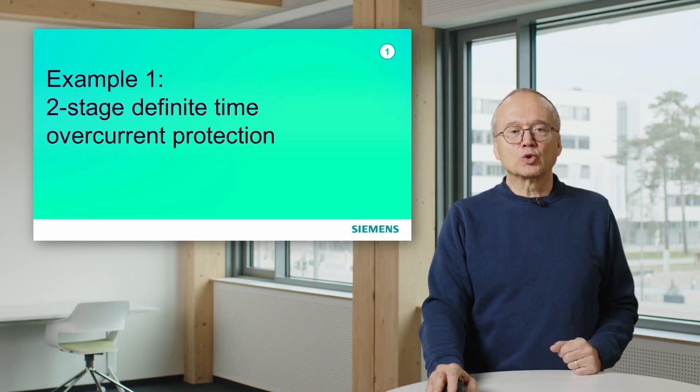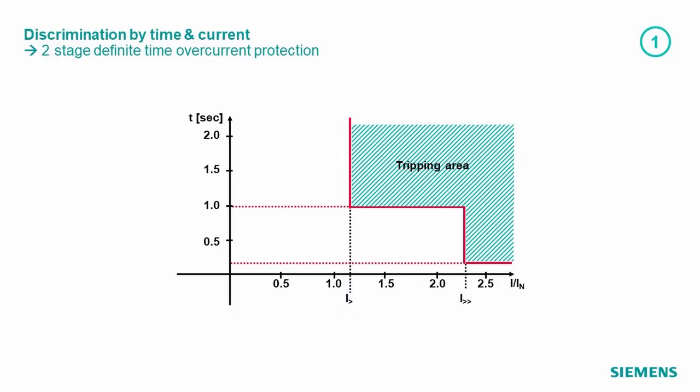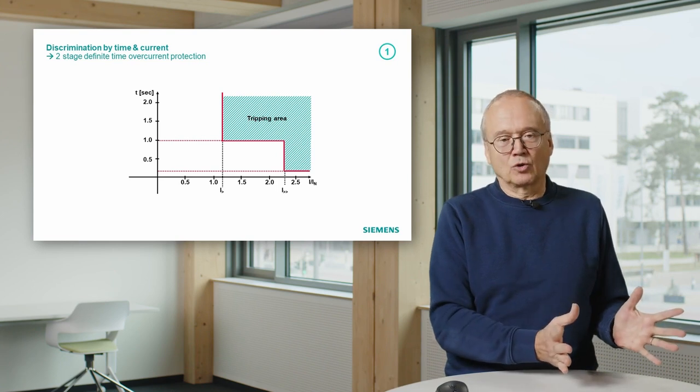Let's start with a two-stage definite time overcurrent protection. What is that? That is a characteristic which is a little bit more complicated, but which is standard for definite time overcurrent relays. In this case, we have two settings for the current and also two timer settings. We have one current setting I greater with a timer setting assigned to that. That means if the current is below this I greater setting, the relay will not trip at all.